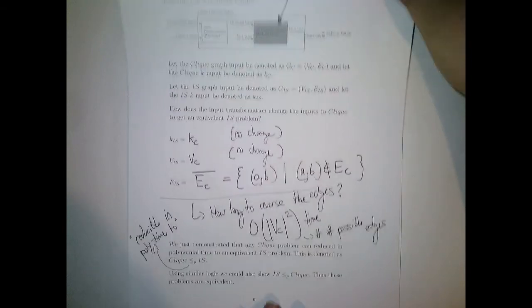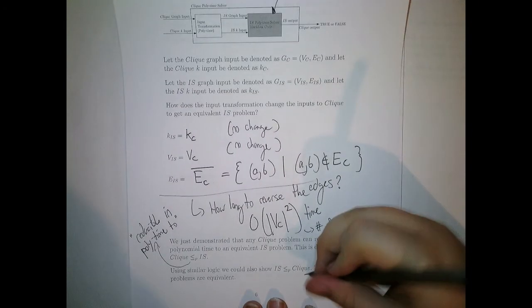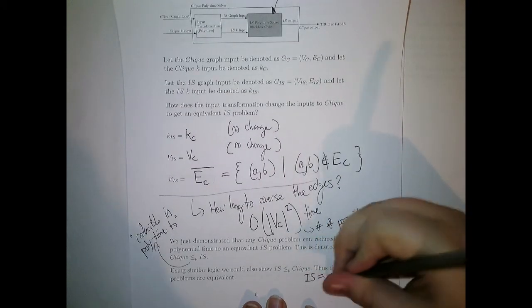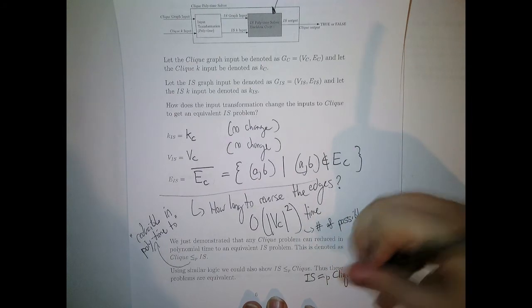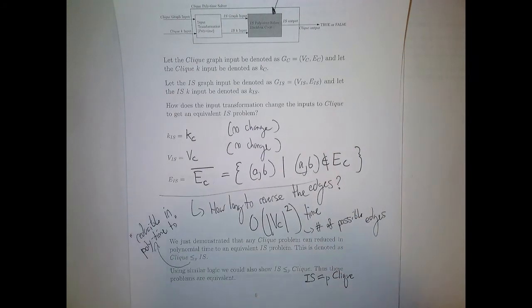So, using a little bit of notation here, you could think of these two problems as being equivalent, give or take a polynomial time factor. Okay, and so hopefully you see now, if I find an efficient polynomial time solution for either of them, I have found an efficient solution for both of them.